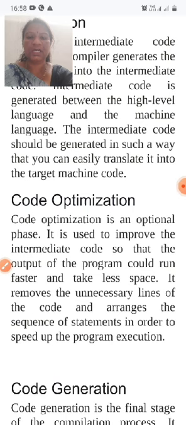In this phase, it removes the unnecessary lines of code and arranges the sequence of statements in order to speed up the program execution. So it is an optional phase. While we remove the unnecessary code, the program speed should increase.